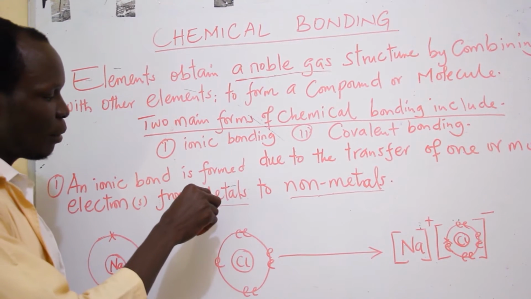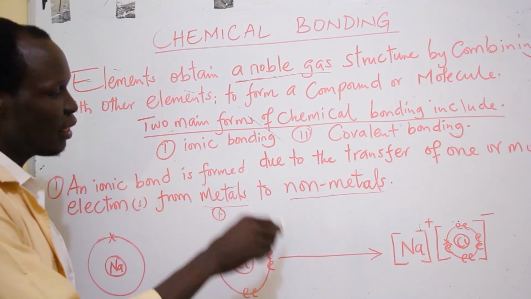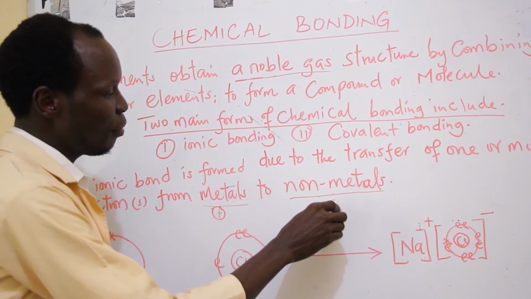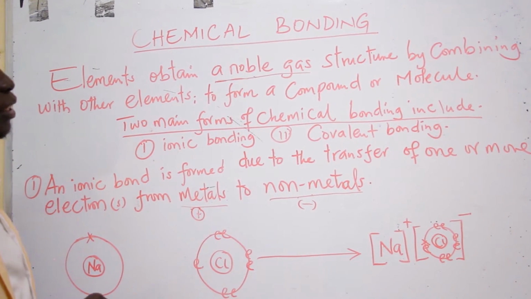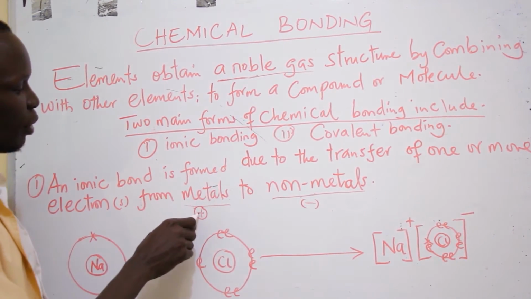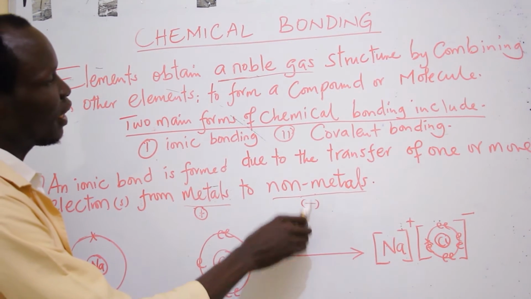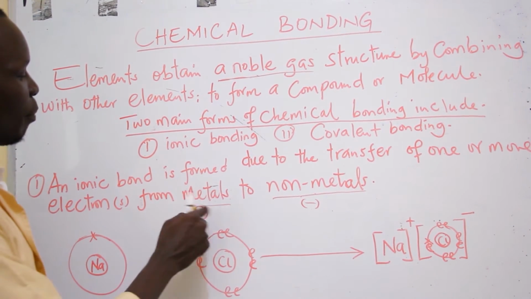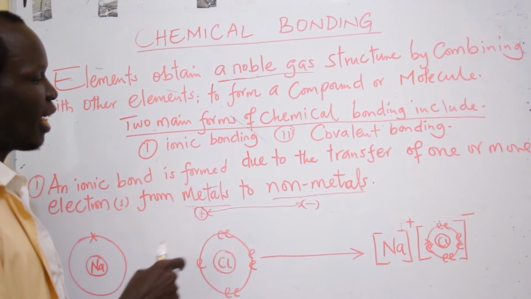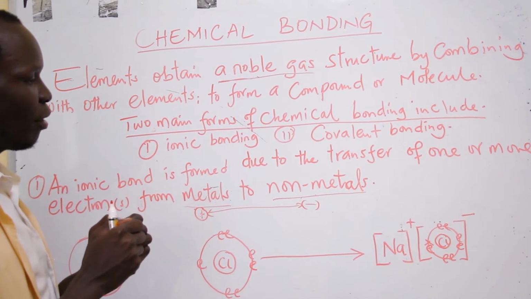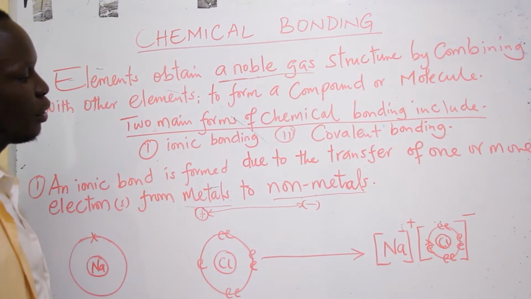But after losing, the metal forms a positive charge, and the non-metal becomes negatively charged, as we discussed in the formation of positive ions and negative ions. So in the process, they attract one another and become closer, forming one compound.